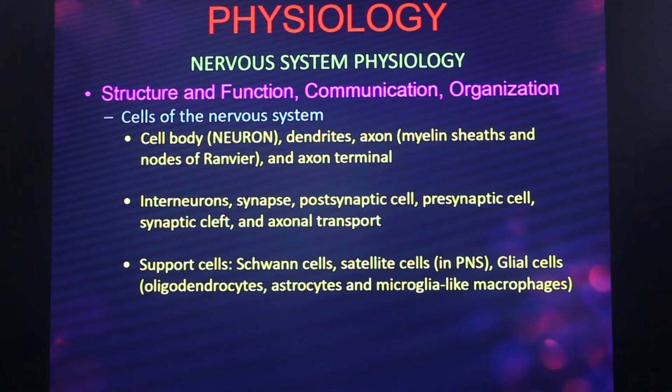There are also support cells, which are mainly named the Schwann cell, satellite cells, like in the peripheral nervous system, and glial cells, which include the oligodendrocytes, astrocytes, and microglia like macrophages.